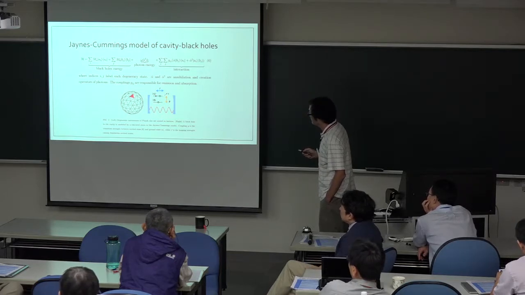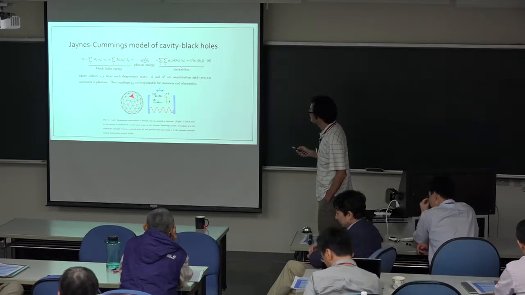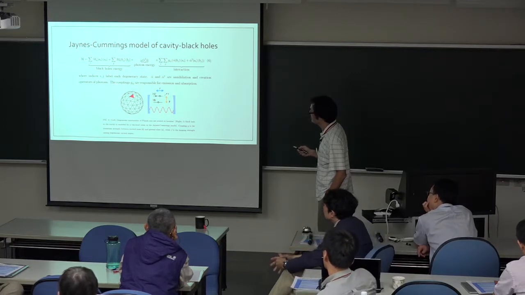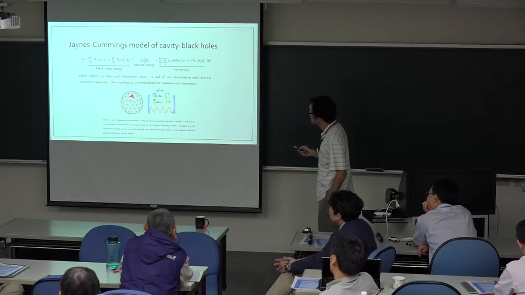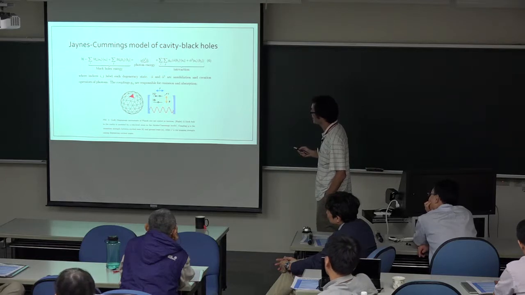Here, the first term, which before was a two-level atom energy, is now a black hole energy, also considering two levels. Let's say we have a level A and a level B. Level A is the lower level, level B is the excited level. That's the first toy model, a two-level black hole model.